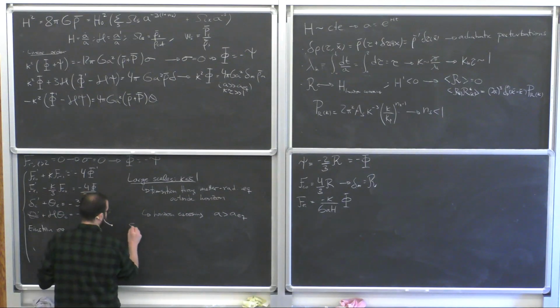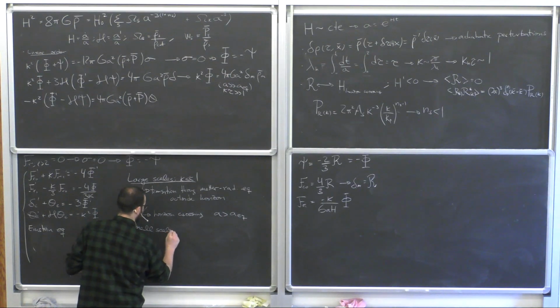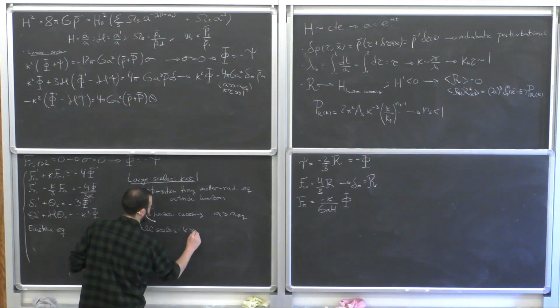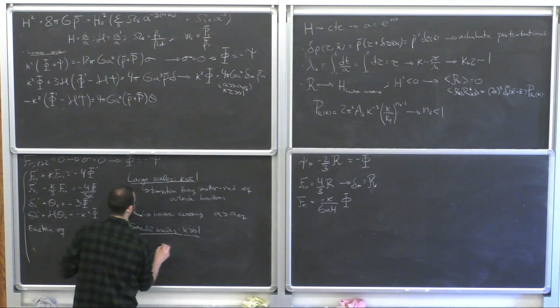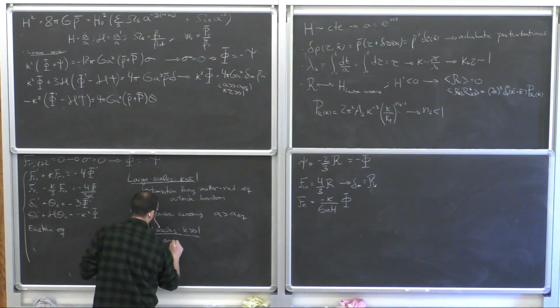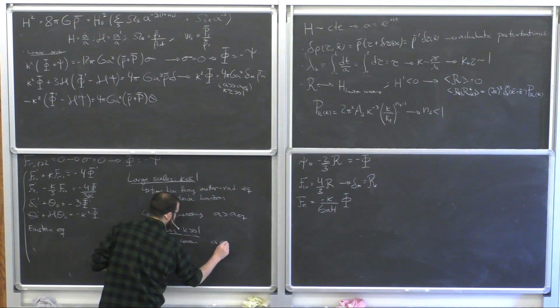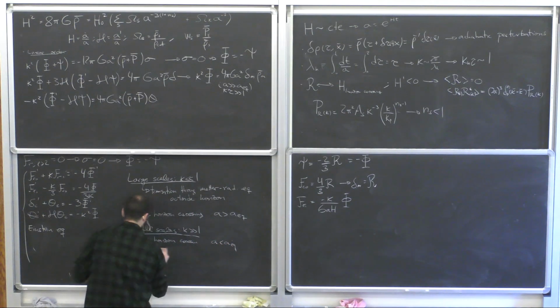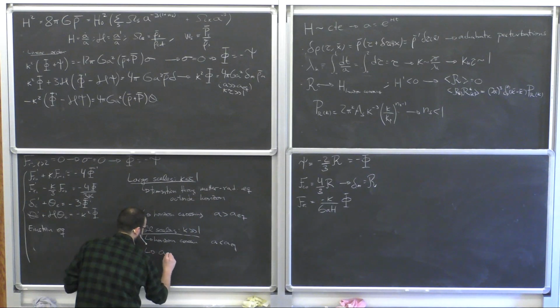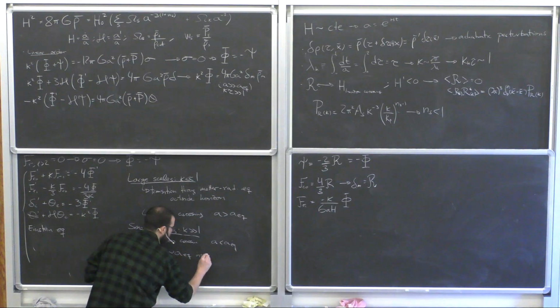And then for the smaller scales, those are the ones where k is much larger than 1, we have the horizon crossing before matter radiation equality, and the transition happens inside the horizon.